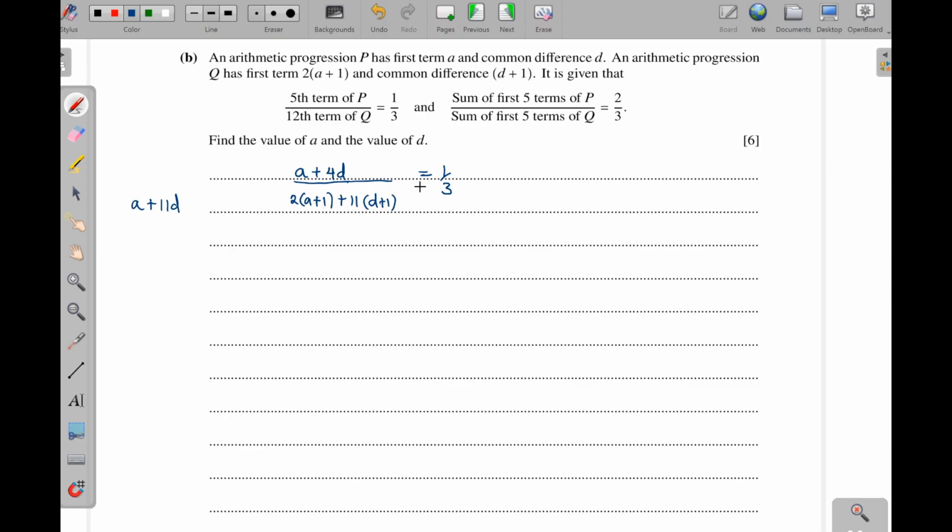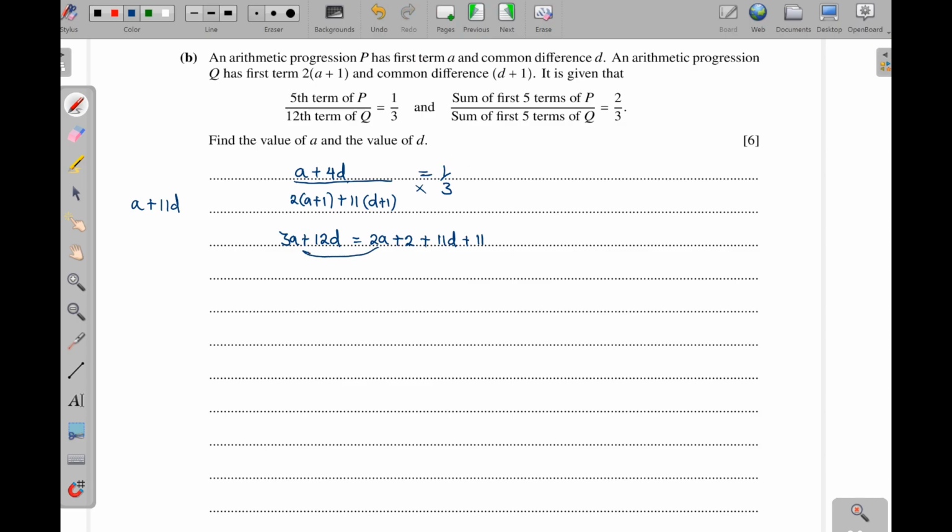You see that? So we simplify this one here. We can even cross multiply. Then you have 3A, then plus 12D. Then this one will be equal to, when you multiply all through here, this will be 2A plus 2, and then plus, this will be 11D, then plus 11, right? Because we are multiplying by 1, so it remains.